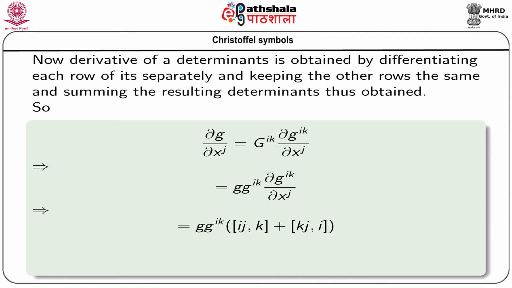Now, again using the property of Christoffel symbol, we get g g^{ik} ([ij, k] + [kj, i]). And just breaking the bracket, we are getting the expression.